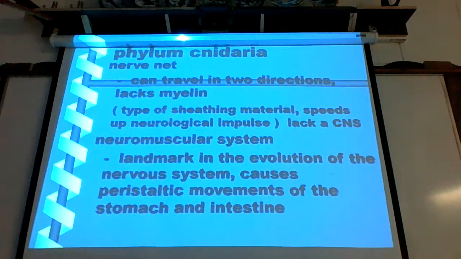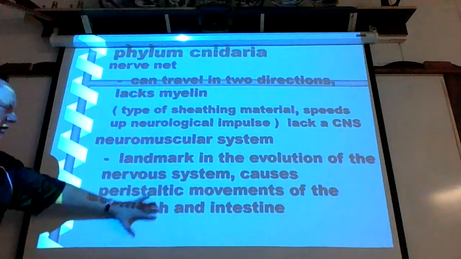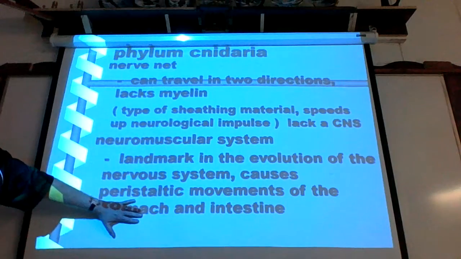For humans, okay, that peristaltic movement takes place in intestines. Here this type just takes place inside of a stomach. In general, it means through stomach and intestines, but just for these animals, it's just inside a cavity that does have a stomach. Okay.